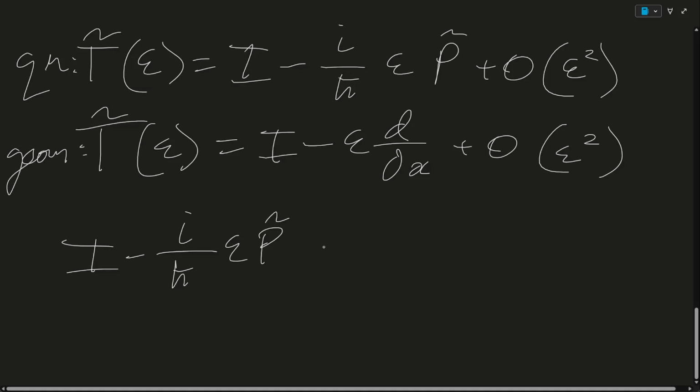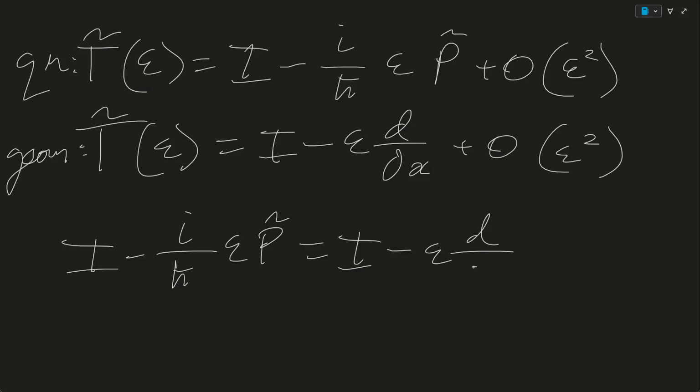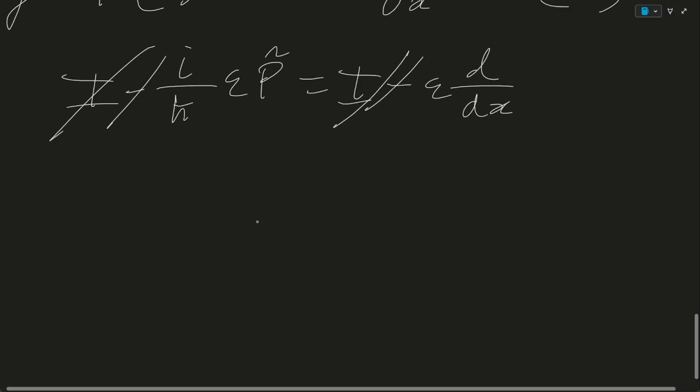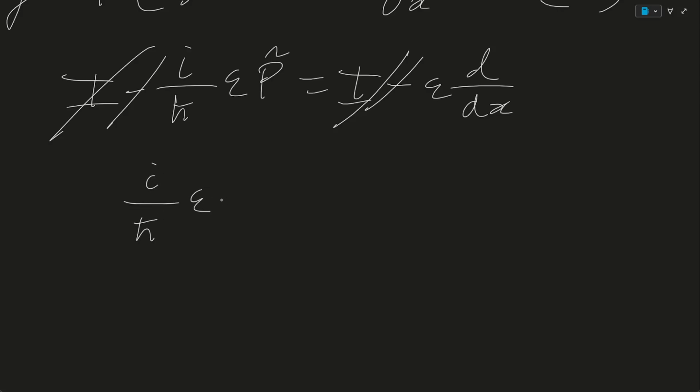I'm gonna ignore those because they would literally just cancel out on each side. By that logic, I would also ignore those because they cancel out on each side, and those because they cancel out on each side. So we have that I over h bar epsilon p hat is equal to epsilon d dx.